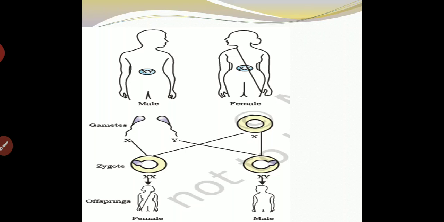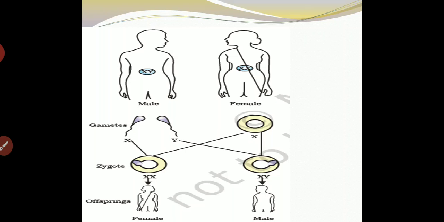Here you can see that what the offspring gets from the female is always X. But from the male there is a 50-50 possibility, that it will be X or Y. If the offspring gets a Y from the male, then it will be a male child.